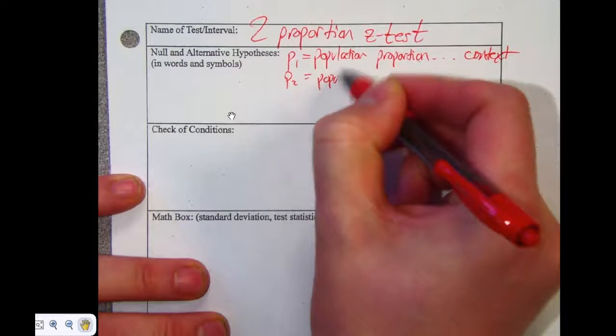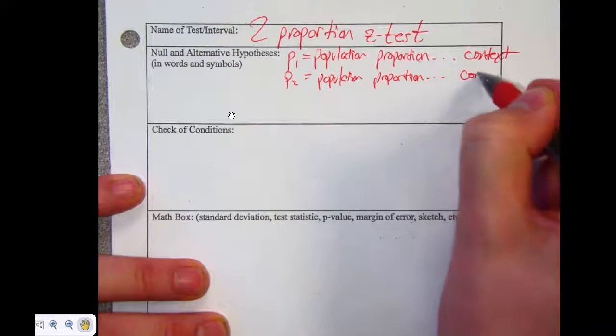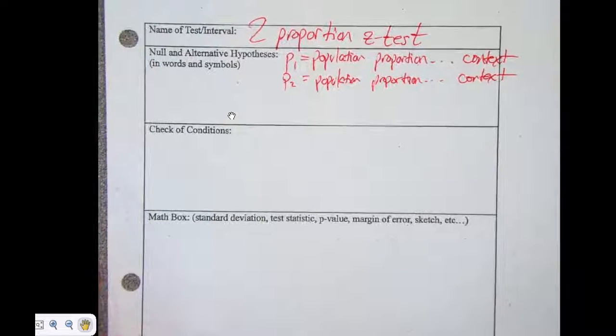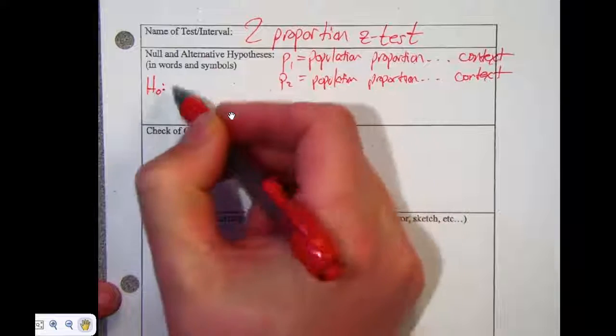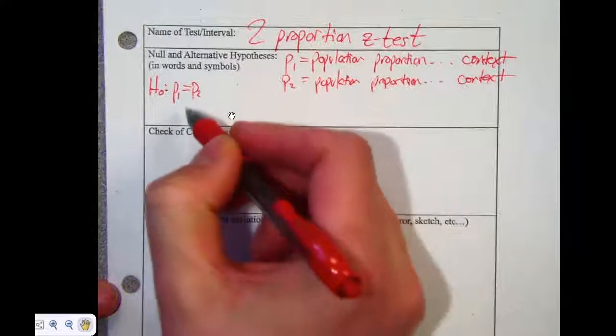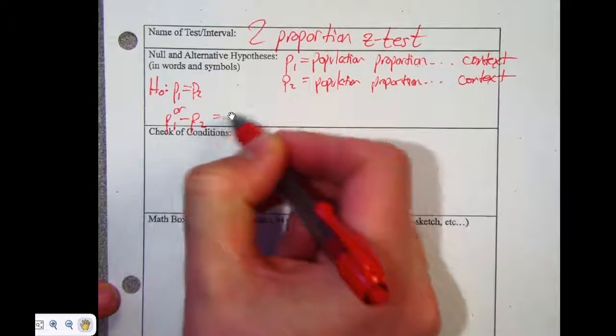P2 equals population proportion, blah blah blah, put in context. H0, you're going to say P1 equals P2 or P1 minus P2 equals 0.